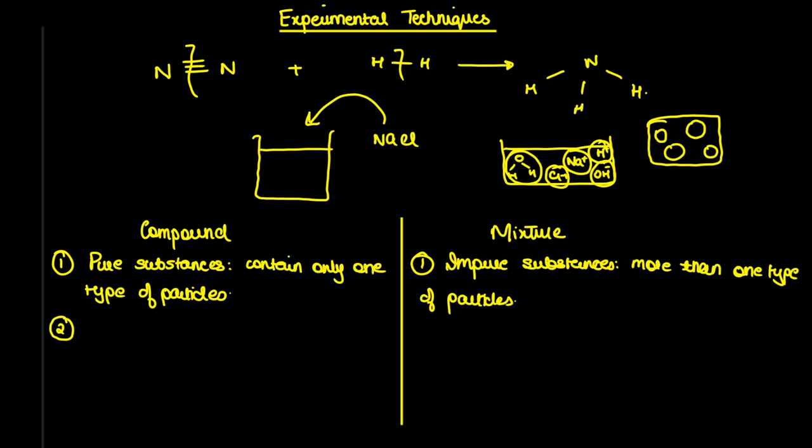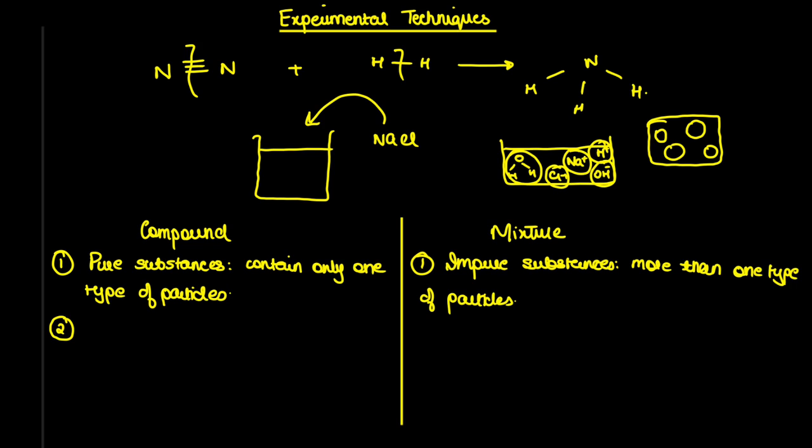Now next, when it comes to compounds, the compound will not contain the characteristics of its constituent elements. What that means is, for example, I have a mixture of nitrogen and hydrogen in one gas jar, and ammonia gas in another gas jar.